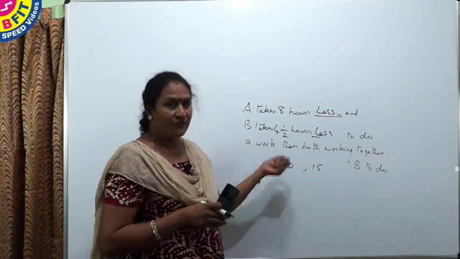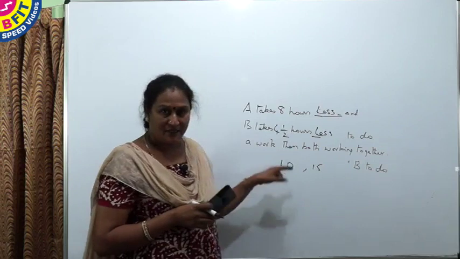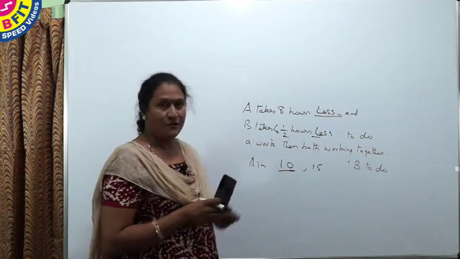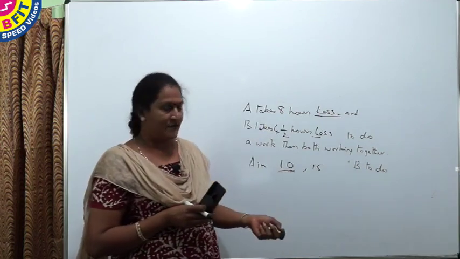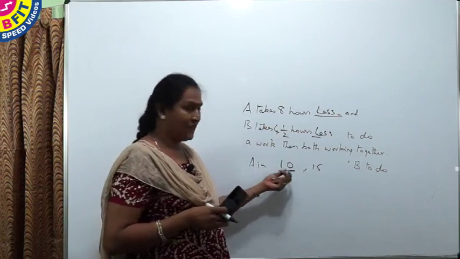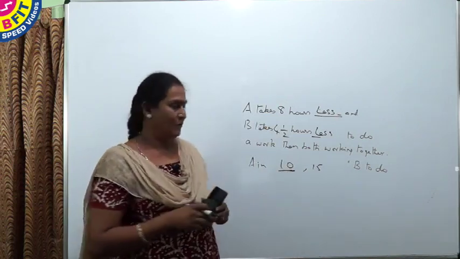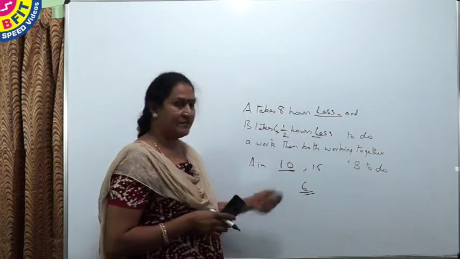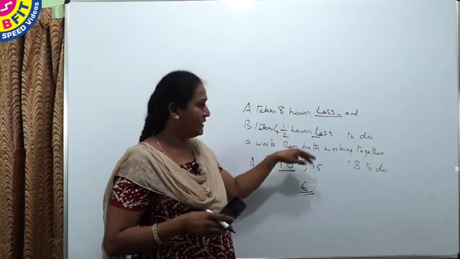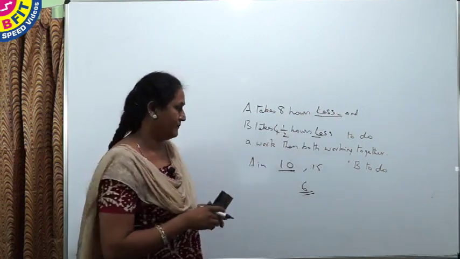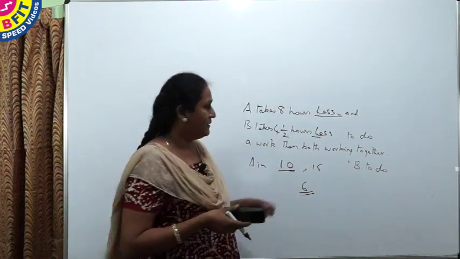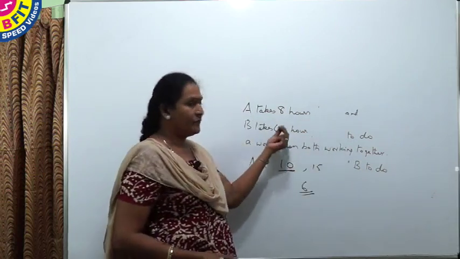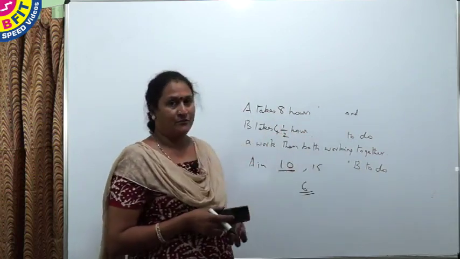When they both work together, the answer will be lesser than the least value, which is 10. If he is assisted by another person, obviously the time will be lesser than the least value. Using AB by A plus B, we get 6 days. So whenever they give one less or both less, the data itself is wrong. This is one important question which they ask in the exam. Whenever you see this concept, find the product of the additional time and take the square root.